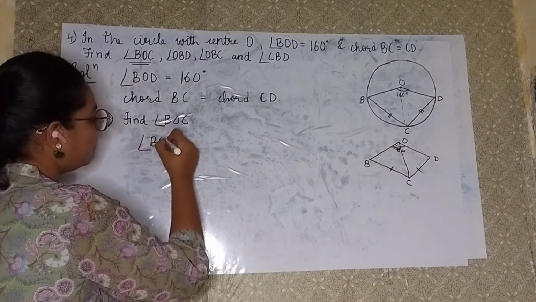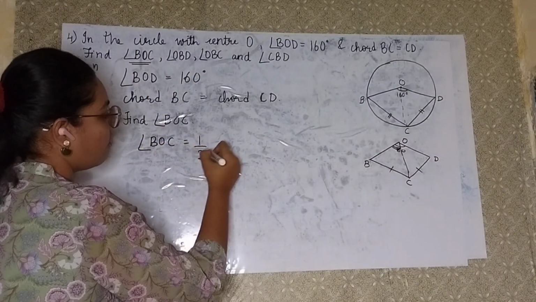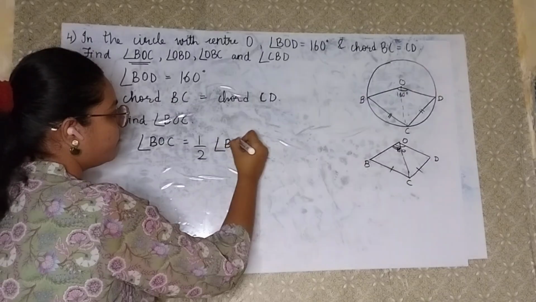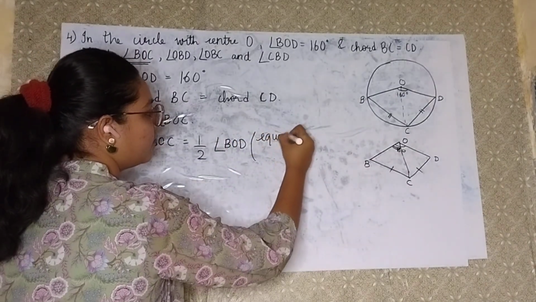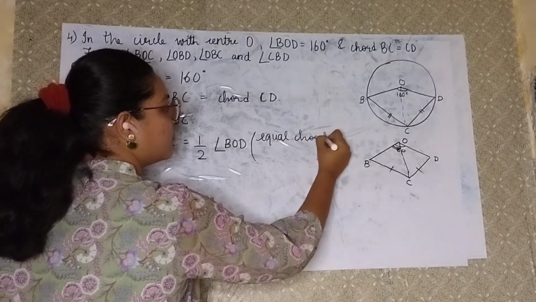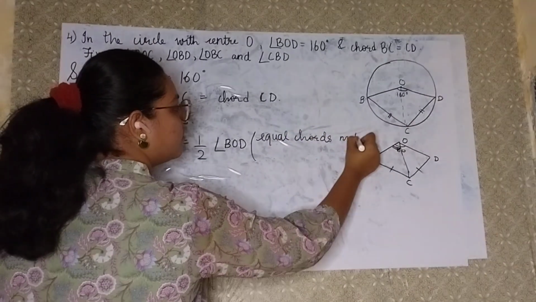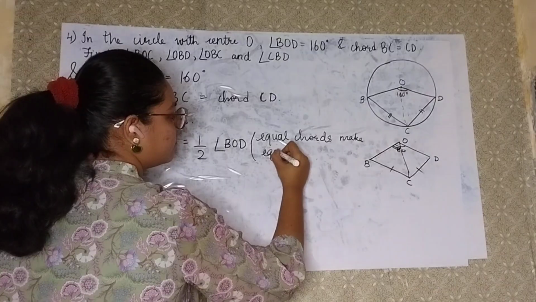Angle BOC is equal to half of angle BOD, and we can write the reason: equal chords make equal angles.